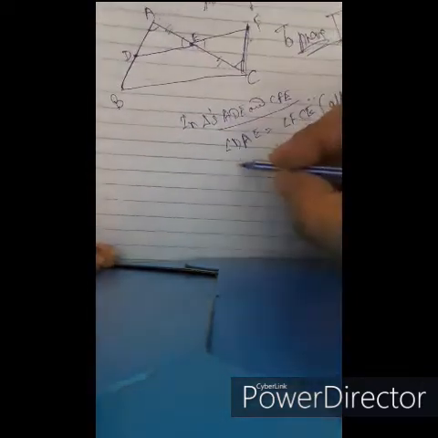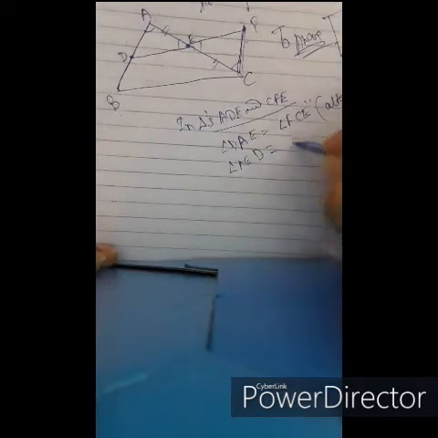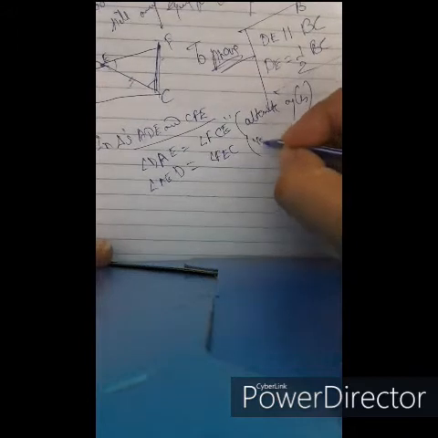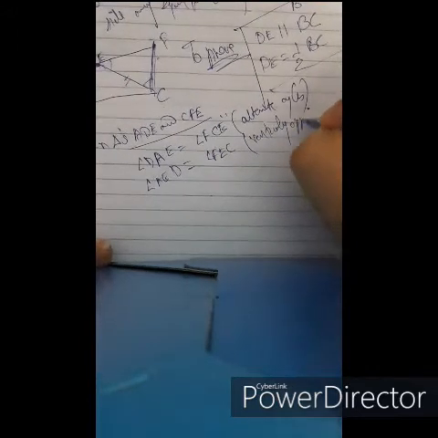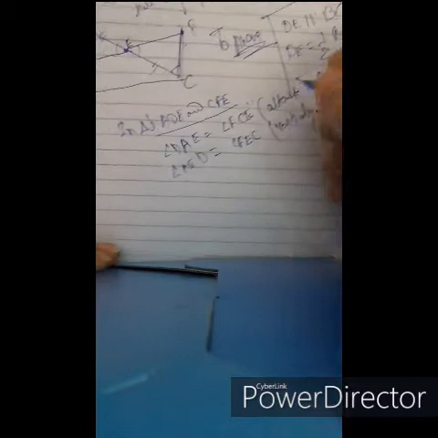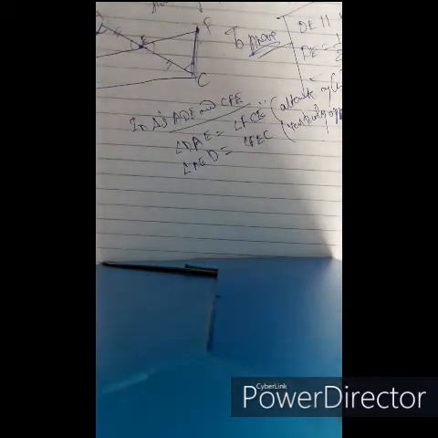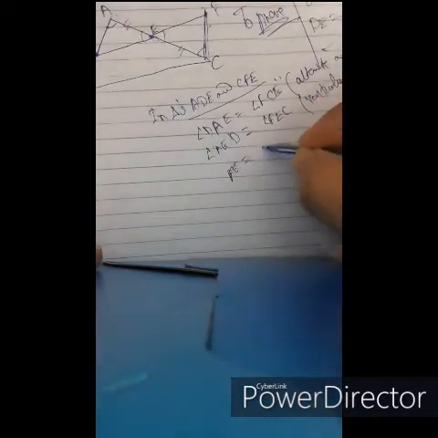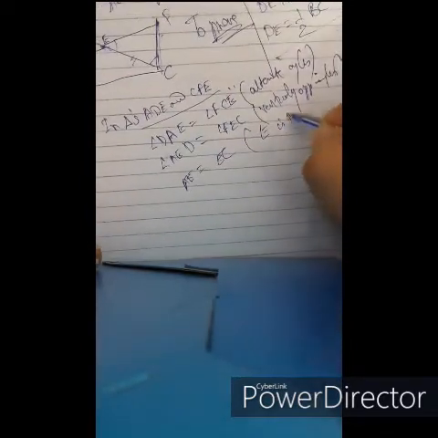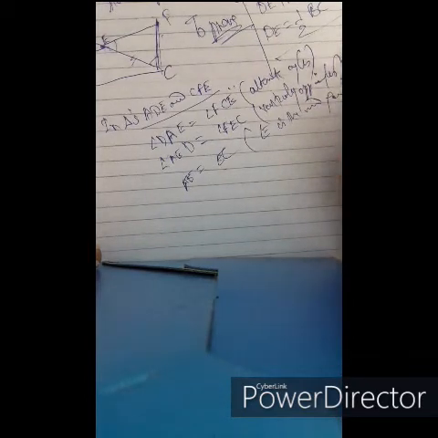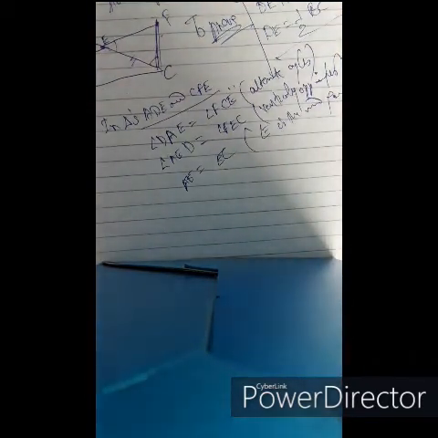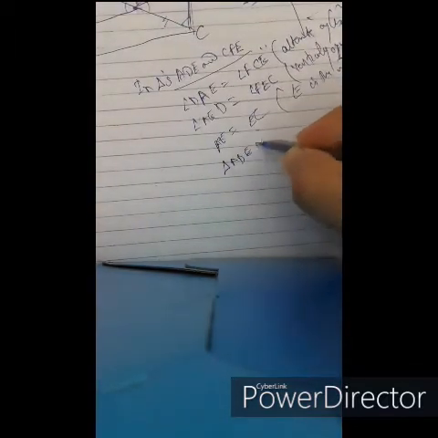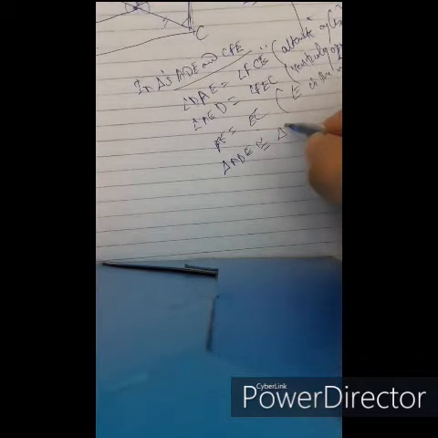Angle AED equals angle FEC, vertically opposite angles, and AE equals EC, since E is the midpoint. So triangles ADE and CFE are congruent.